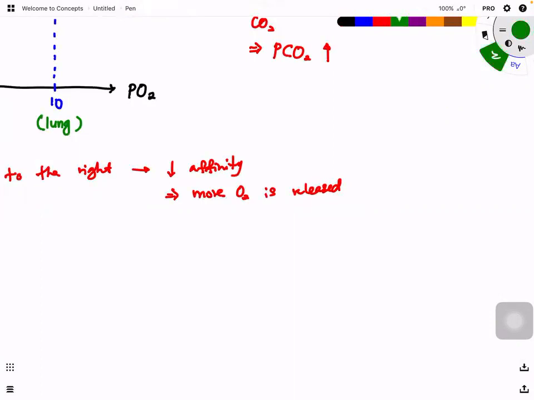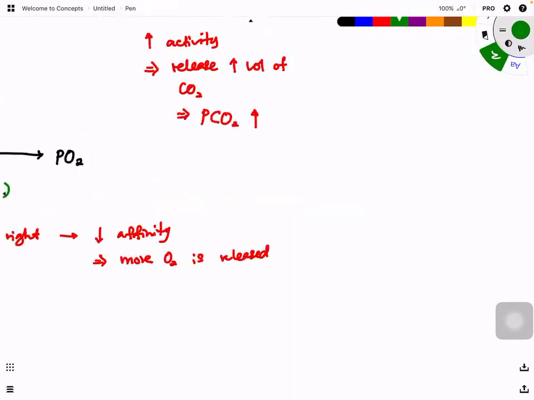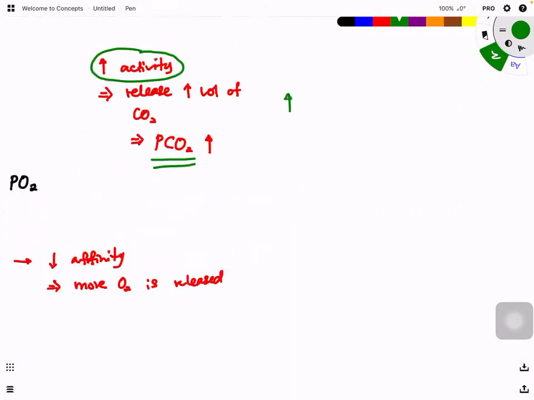Yes, because when the tissues carry out higher activity, they release a lot of CO2, which means that they are having a higher rate of aerobic respiration. And with a high rate of respirations means that they demand more O2.